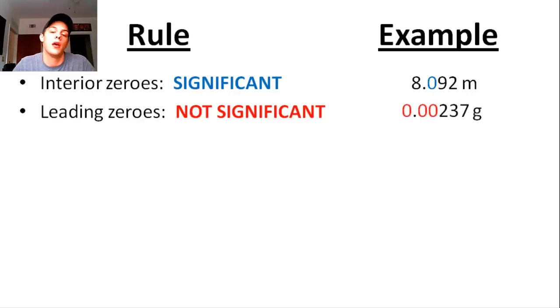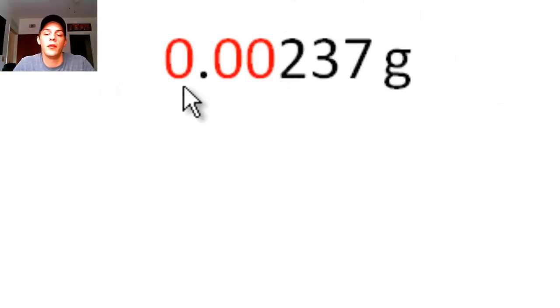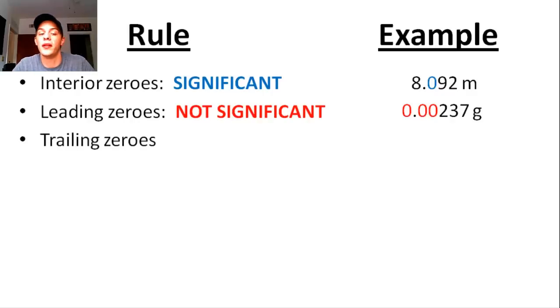So what do I mean? For instance, in the number 0.00237 grams, these three zeros here that come before the first non-zero digit, which is the 2, are not significant. Now let's get into trailing zeros. So by trailing zeros, I'm talking about zeros that come after the last non-zero digit.